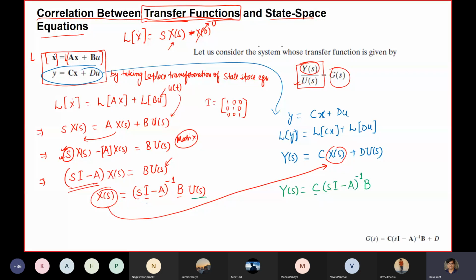Now I can write my Y(s) by U(s), which is nothing but your G(s).